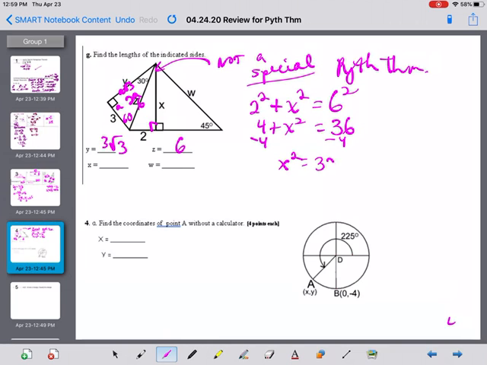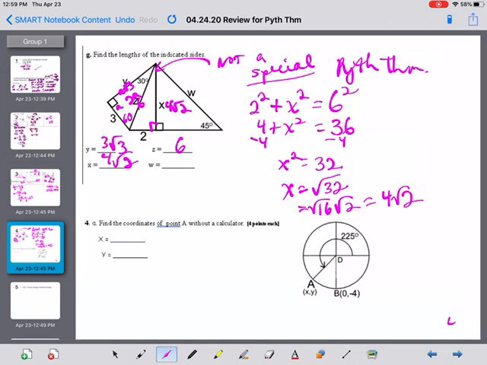Minus 4 to both sides, x squared equals 32. x is the square root of 32, which will be 16 times 2, 4 radical 2. So x is 4 radical 2. It's not a special, you have to do it out the long way. On the test, you're going to leave everything in simplest radical form unless it says otherwise.